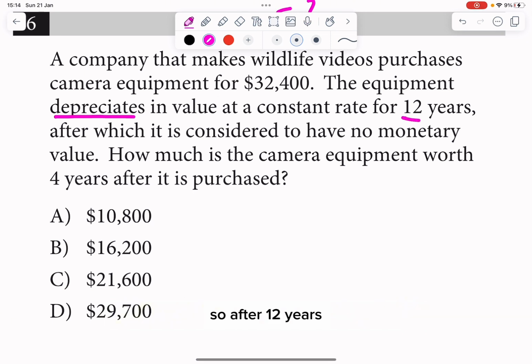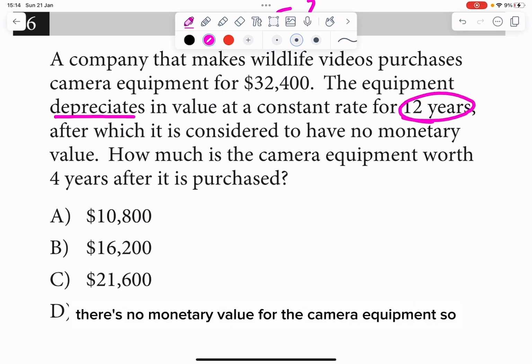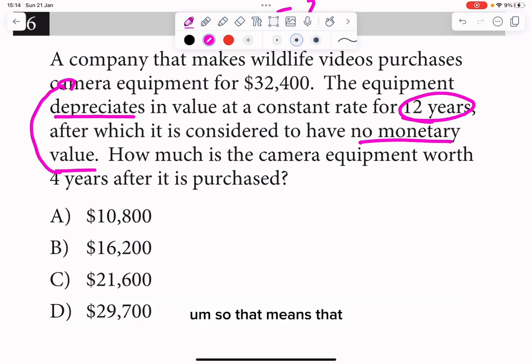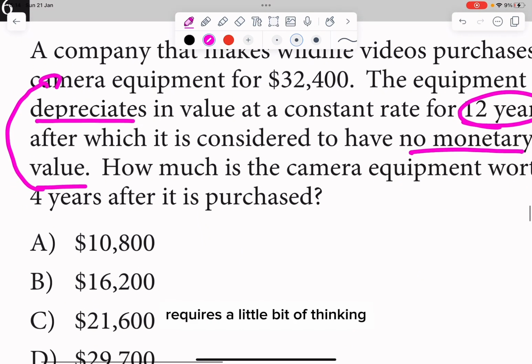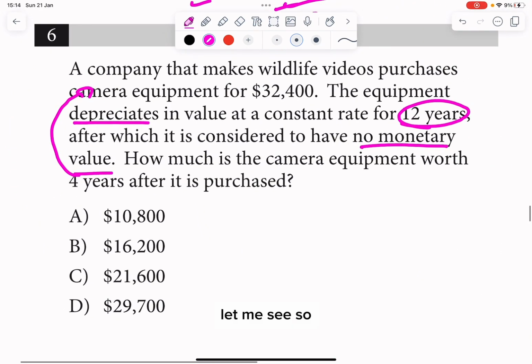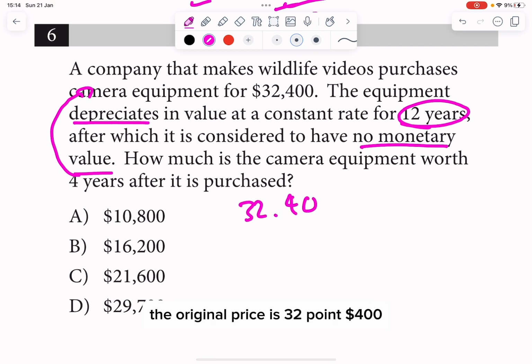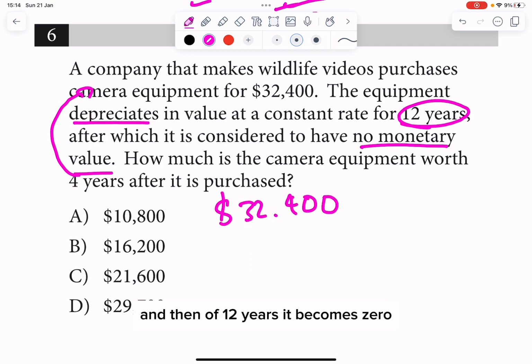So after 12 years, there's no monetary value for the camera equipment. So that means the equipment's worth 4 years after it is purchased. Okay, so this question requires a little bit of thinking. Let me see. So the original price is $32,400, and then after 12 years it becomes 0.